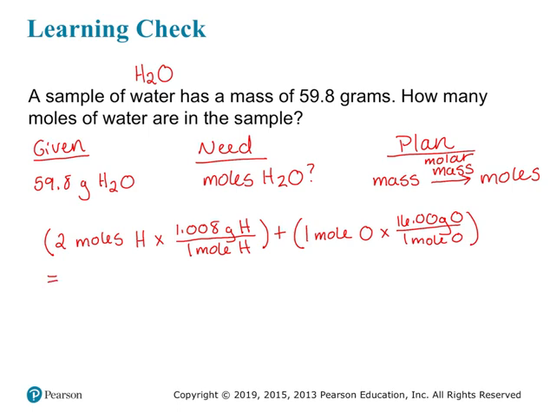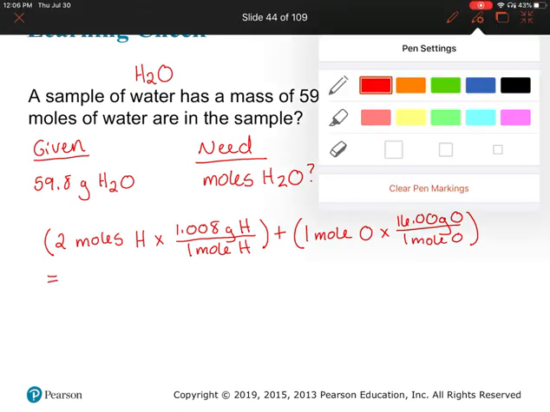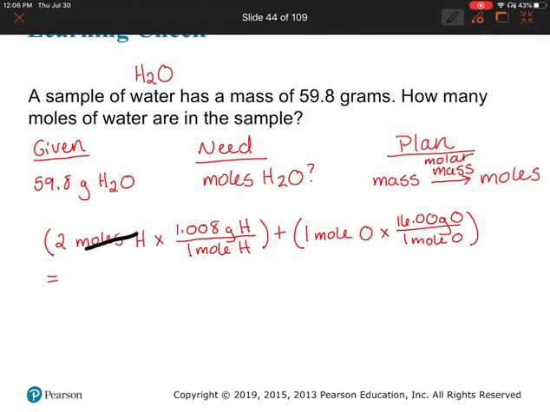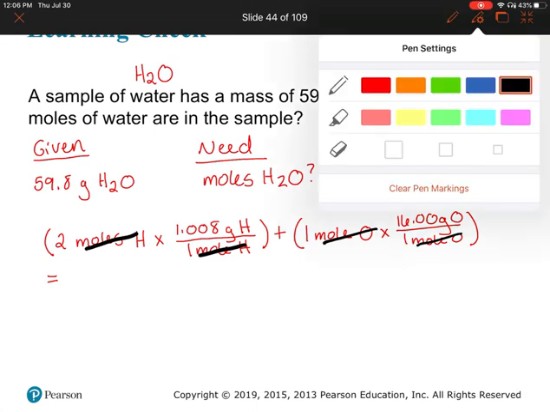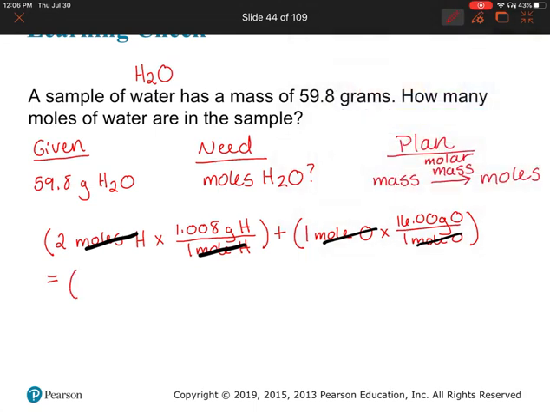All right, so I'm just kind of setting this up as one long problem, but we're going to see that moles of everything cancels and we end up with grams. So we'll have 2 times 1.008, which is 2.016 grams of hydrogen, plus 16 grams of oxygen.